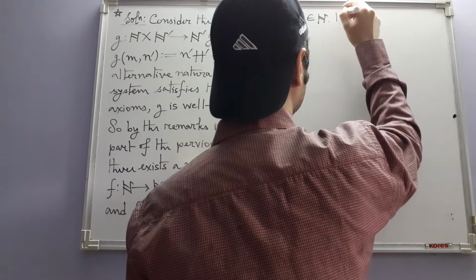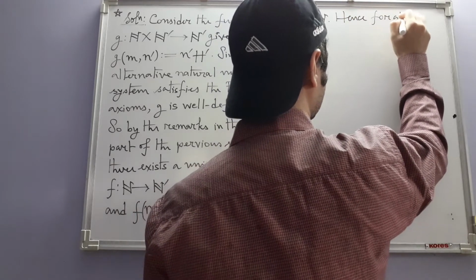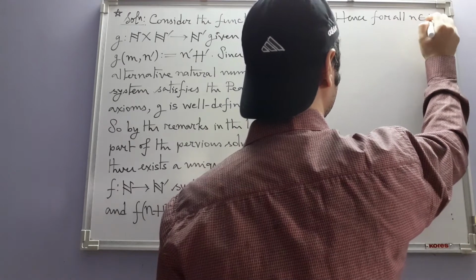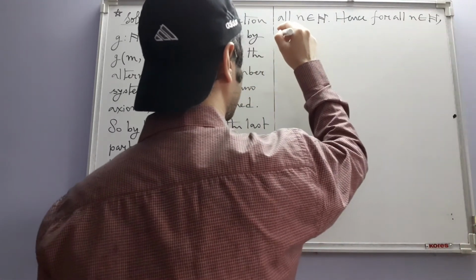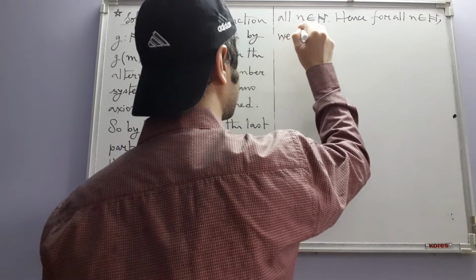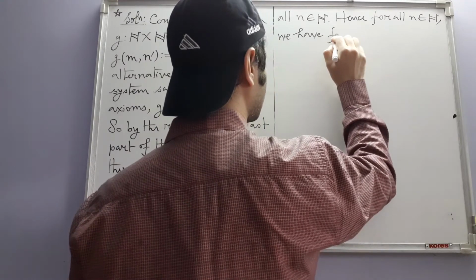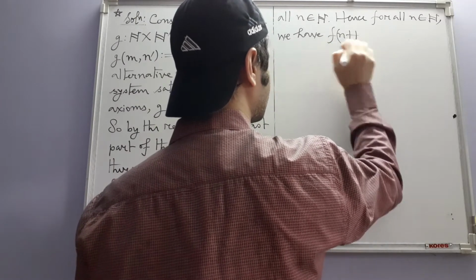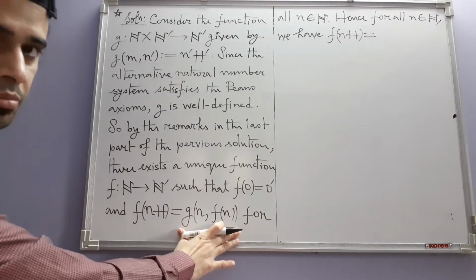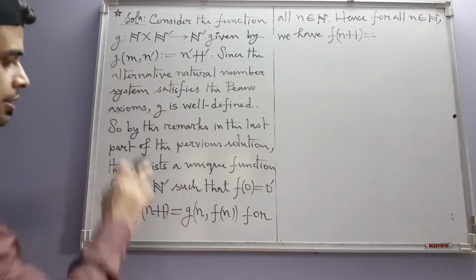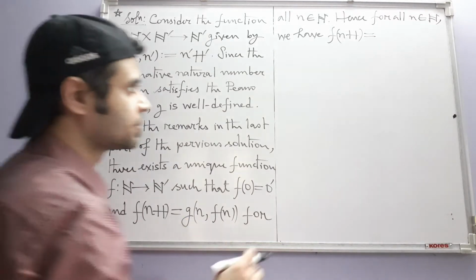Hence for all n belonging to N we have this equal to, what will it be if you look at this? This is the alternative successor of f n.